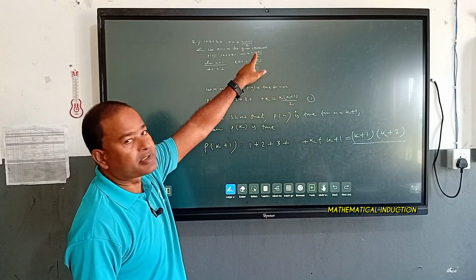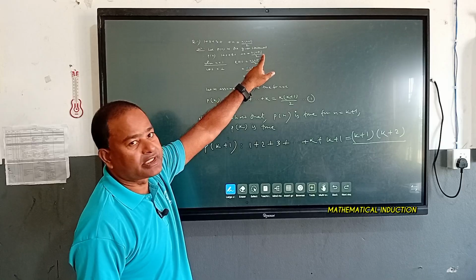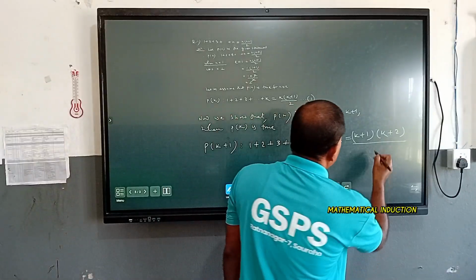If we put the value of n as k plus 1, then we get k plus 1 plus 1, that means k plus 1 divided by 2.